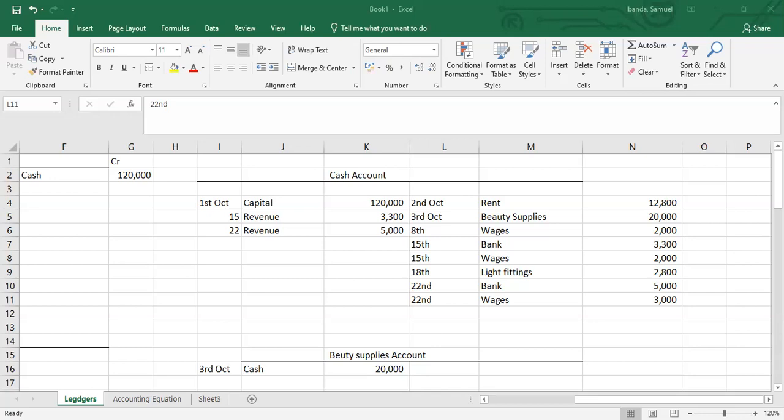Let me just move down so we can record our last three transactions.